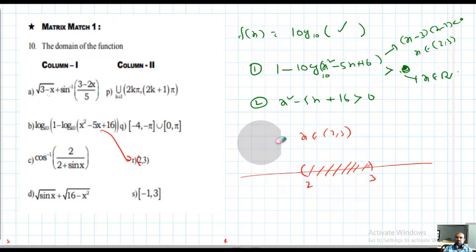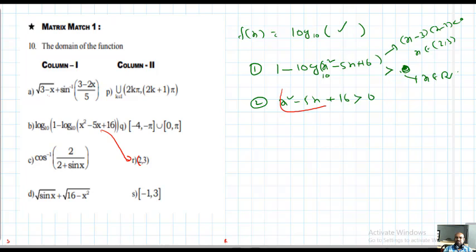Okay students, one more important thing. This is a quadratic expression and we want to find its sign. By using the delta concept we can also find it. Find delta: 25 minus 4 into 16. So delta is less than 0. If delta is less than 0, the sign of the expression is the sign of A, the coefficient of x square, which is 1 and positive.